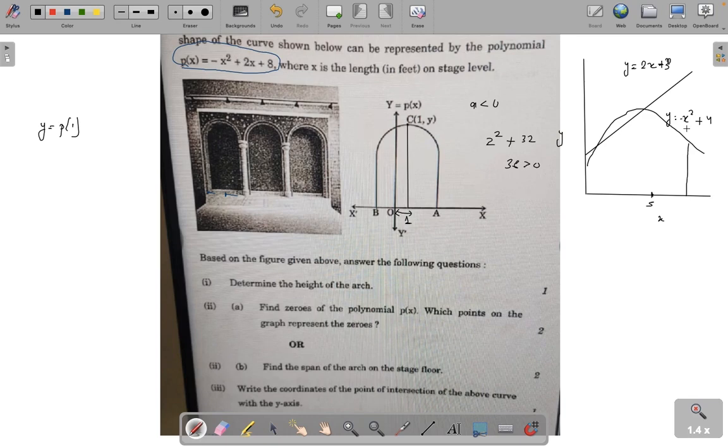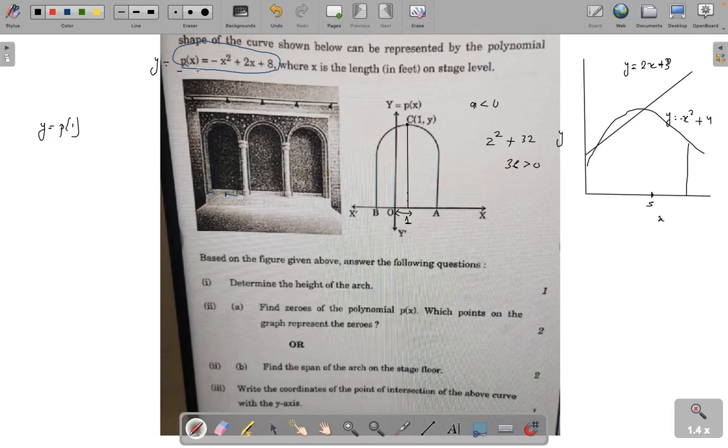You'll just substitute the value of x here. When x is 1, y can have any value. Y can have this value, y can have this value, so y can be anything. But you have to find the value of y which is on this curve. You know the equation of this curve, so you'll just substitute x as 1 in this curve, and you'll get this particular value. This is basically y.